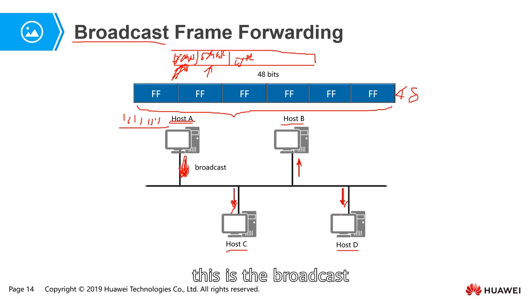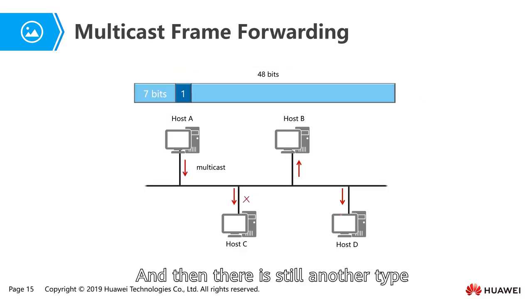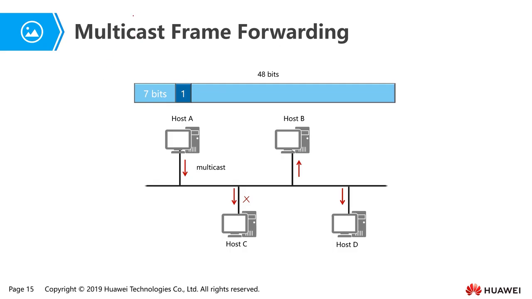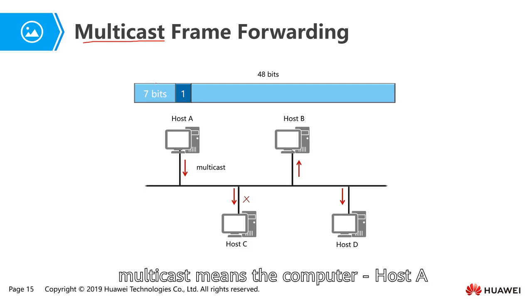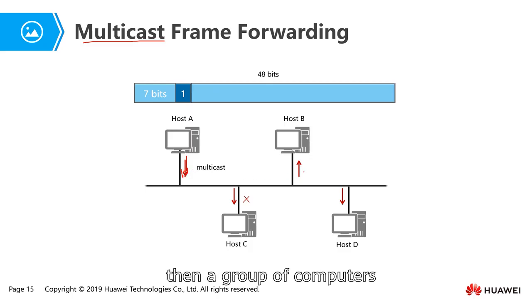This is a broadcast, and there is still another type. There are 3 types: unicast, broadcast, and the last one, multicast. Multicast means host A sends out a multicast, and a group of computers, not all and also not one, should receive this frame.